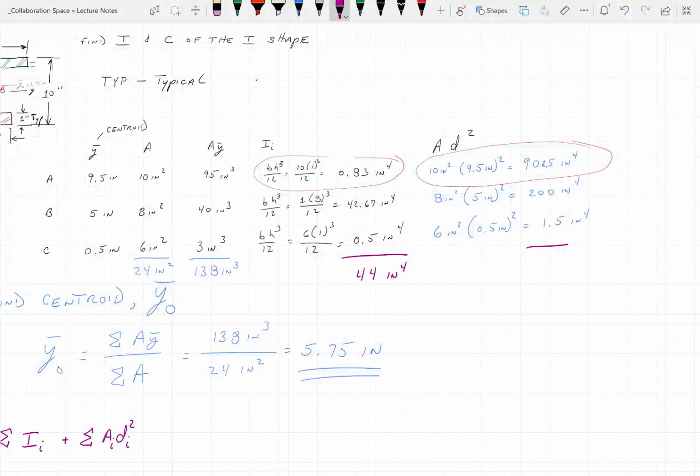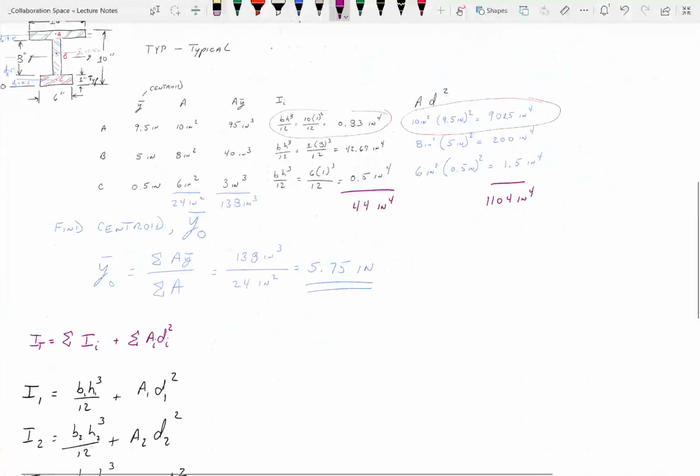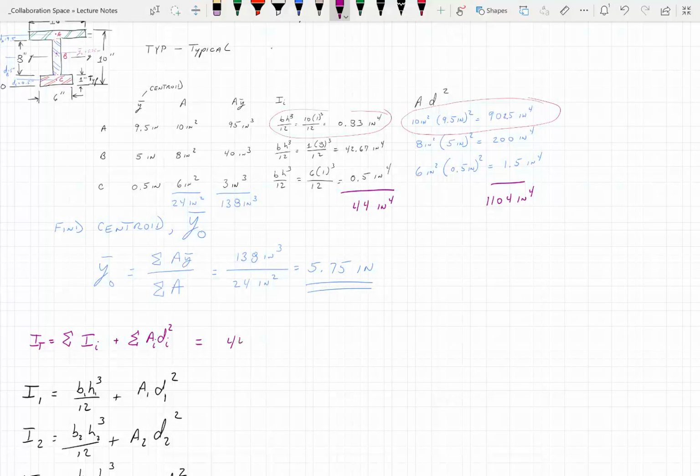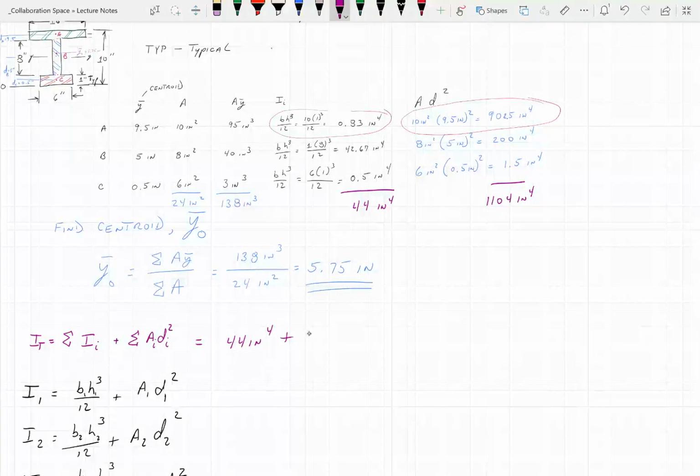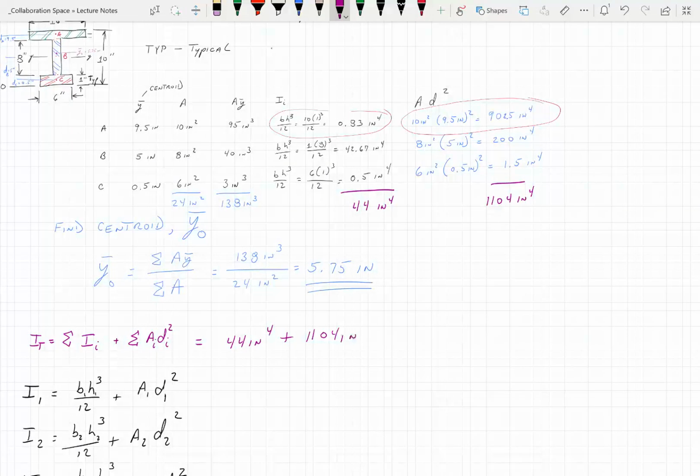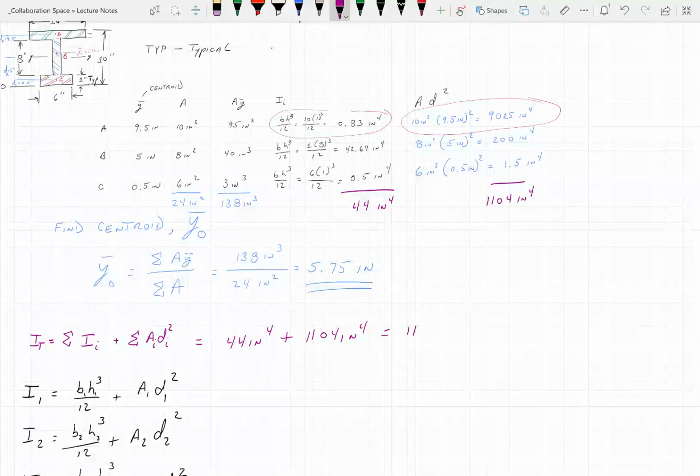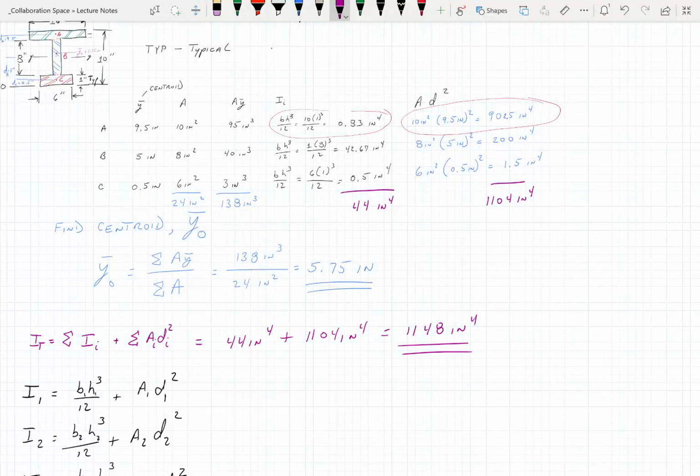And the second set of data we need is 902.5, 201.5 inches to the 4th. 1104. Okay. So literally if I come down here to the purple, it should be 44 inches to the 4th plus 1104 inches to the 4th, and we should get 1148, right? So that's my I. So we know the moment of inertia, and we now know where the centroid of this thing's revolving about. Pretty good? Okay.